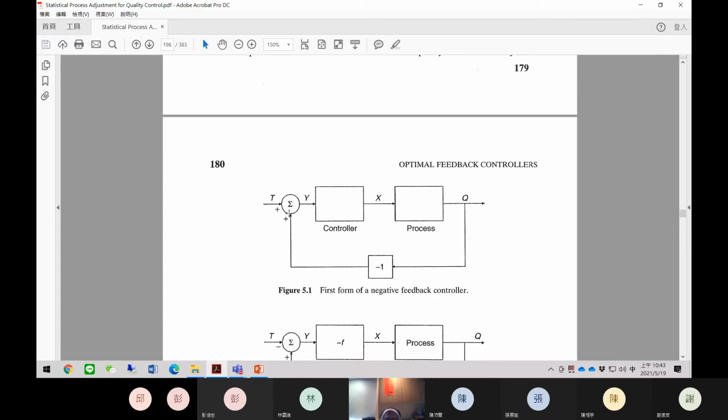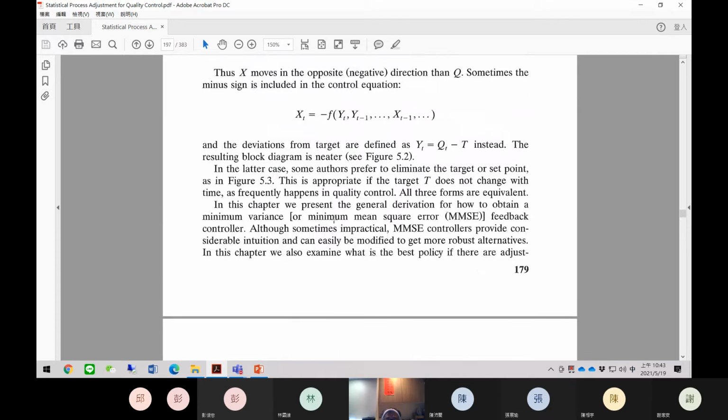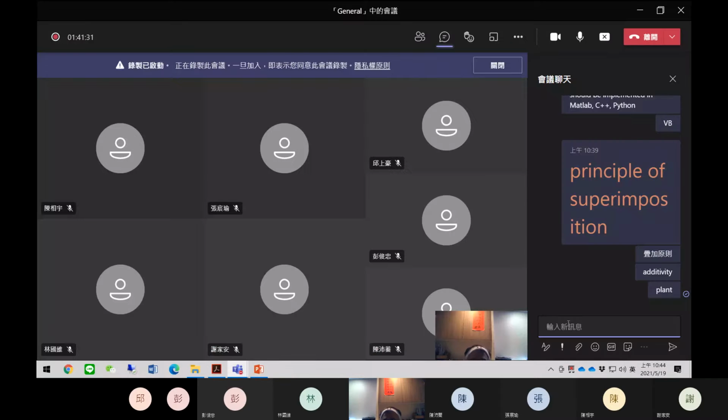So this is the block diagram in here. This is the block diagram.